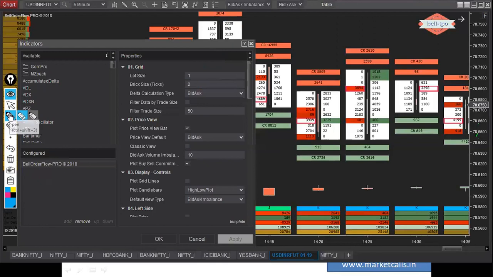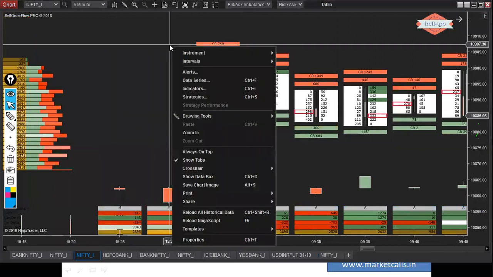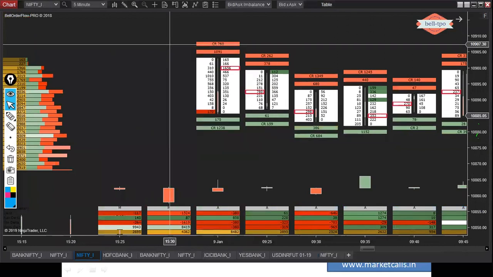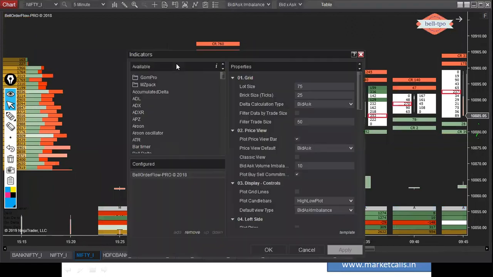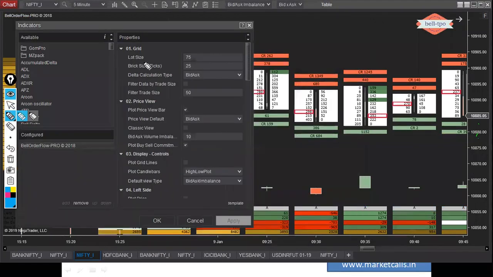Whereas if you look at my Nifty chart, there is my Nifty order flow. If I right click and go to indicators, you'll find 20 over there. The brick size, it's called a tick size, brick size, or a TPO size, it can be of any name. I'll be using 20 or 25.